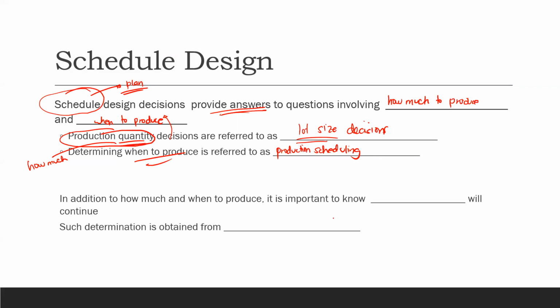So in addition to how much and when to produce, it is also important to know, syempre, how long yung production natin will continue. If you are designing a facility, alam mo na dapat kung kailan yung end of life ng product mo. Kasi may mga business tayo na nag-i-span lang for 10 years, for 5 years, and then later on, mag-i-introduce sila ng new product.